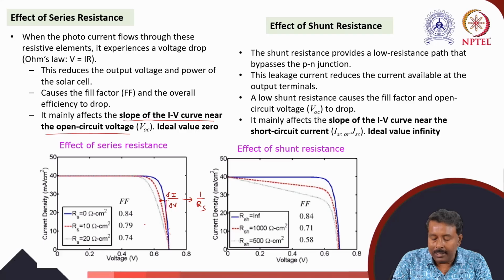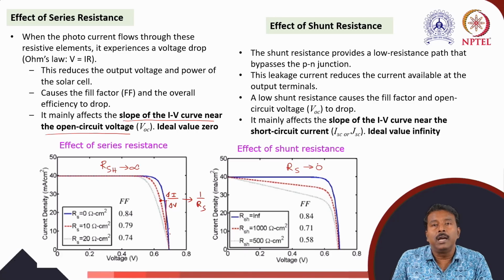Similarly, in the earlier graph, we considered that the effect of shunt resistance is not there, only the effect of series resistance. That means in this graph we have considered RSH equal to infinity, and here we are considering RS almost equal to 0, only to see the effect of RSH.